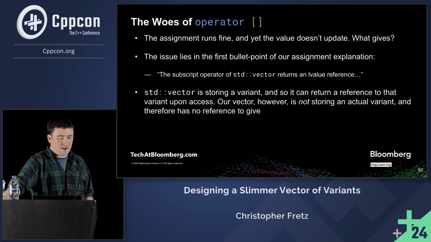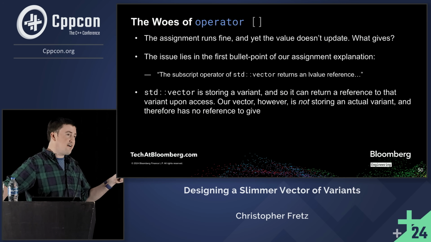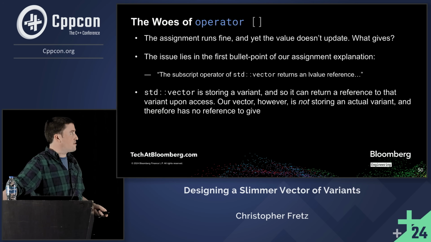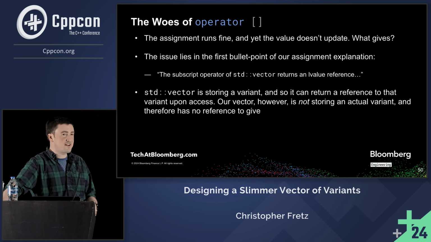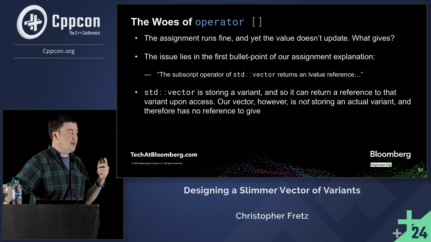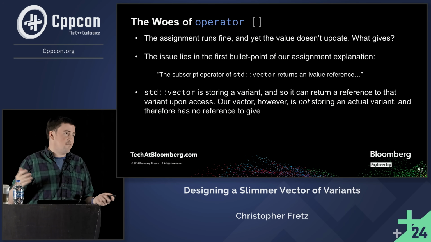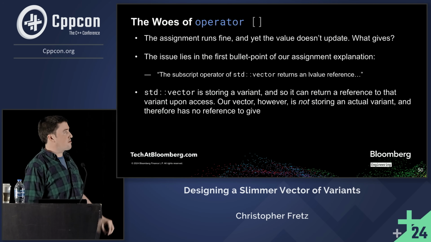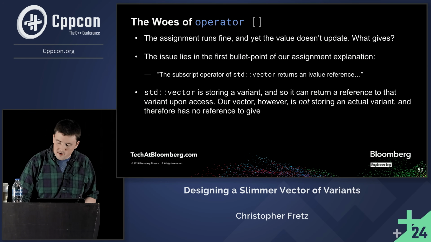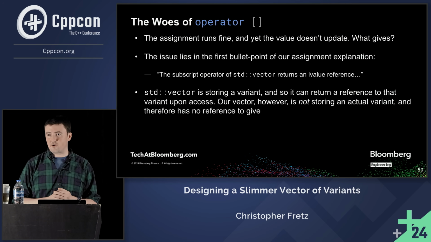The problem here is that vector is storing a variant, and so it can return a reference to it. But our data structure isn't. That's actually the whole point, that we're not storing a variant. And so the problem is that I have no reference to give. The subscript operator has to return a single concrete type.